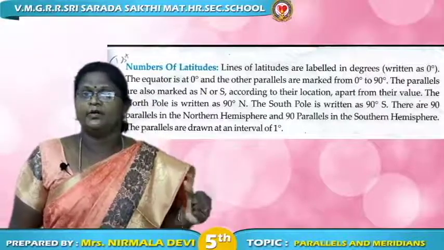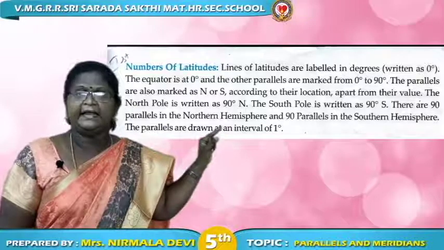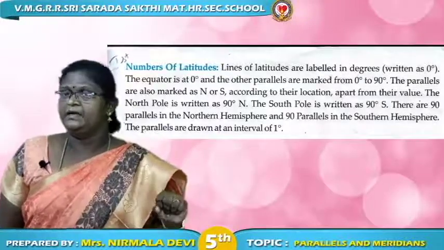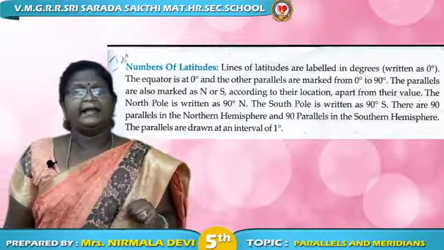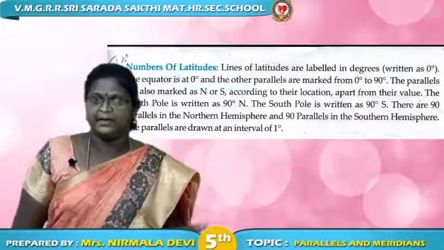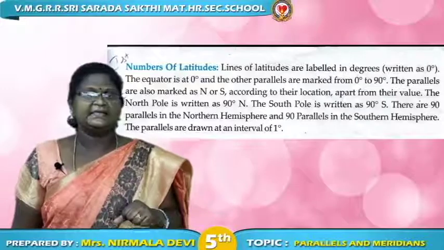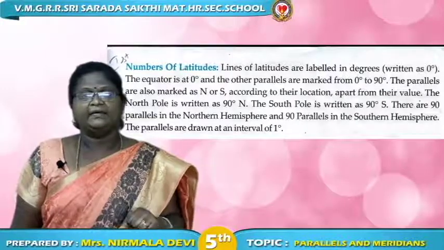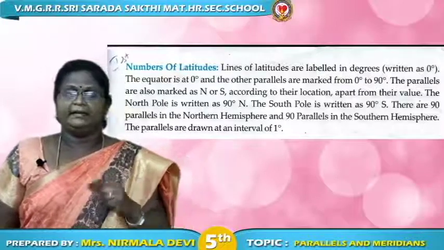The North Pole is written as 90 degrees north and the South Pole is written as 90 degrees south. There are 90 parallels in the Northern Hemisphere and 90 parallels in the Southern Hemisphere. The parallels are drawn at an interval of 1 degree.